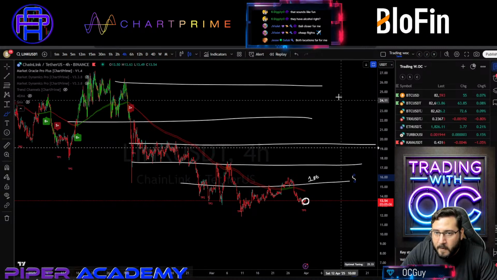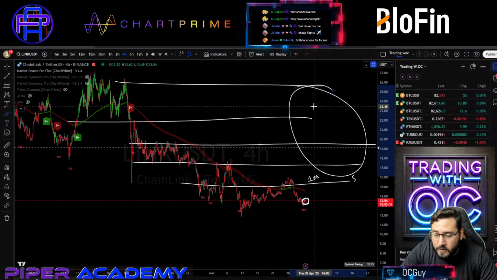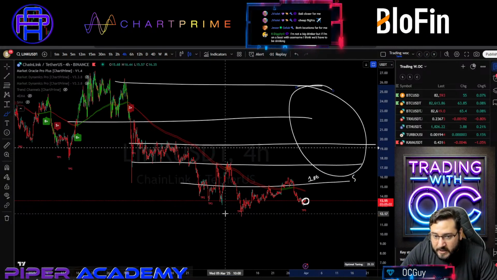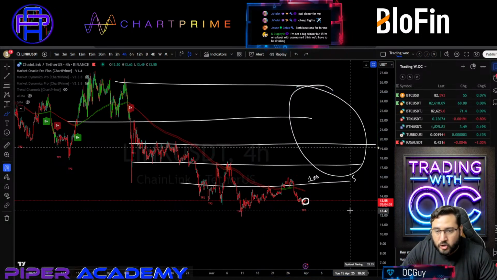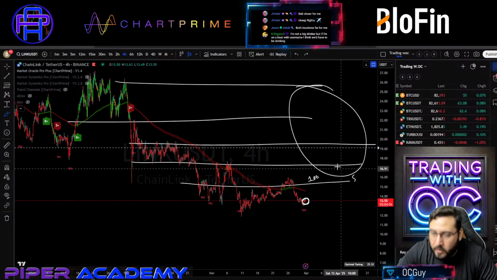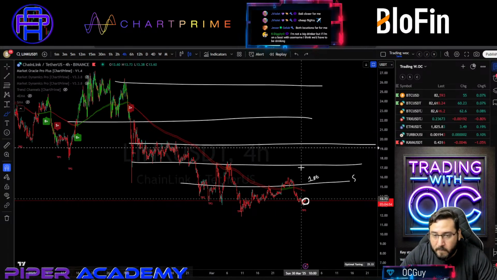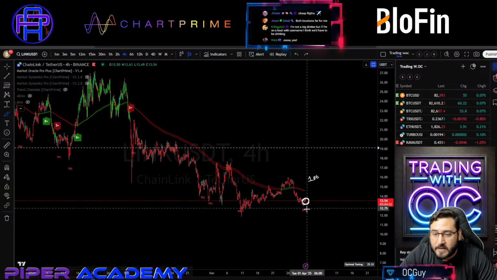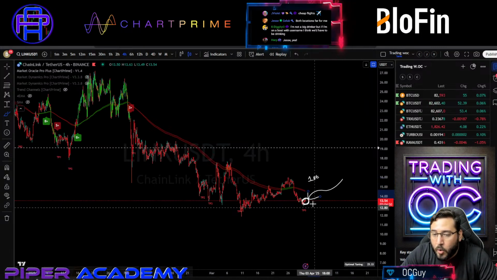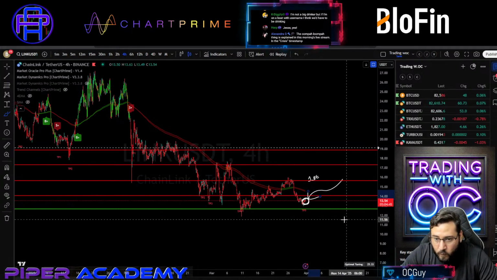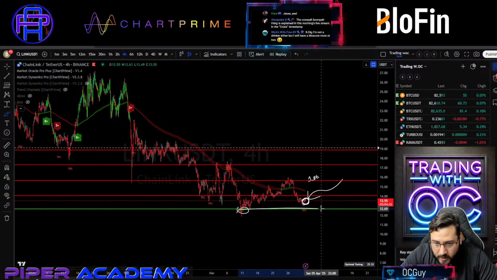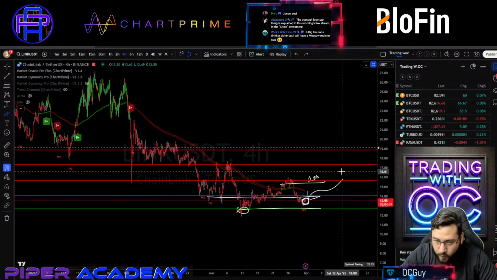The 5 more important resistances. But at this point, I'm also interested in having something below, right? So that's why I'm telling the software, not just give me the 5 most important support and resistances, also take into consideration where the price is right now. So that's what it's doing, right? It's giving me the previous low, giving me that support, the next meaningful resistance, and so on and so forth, right?